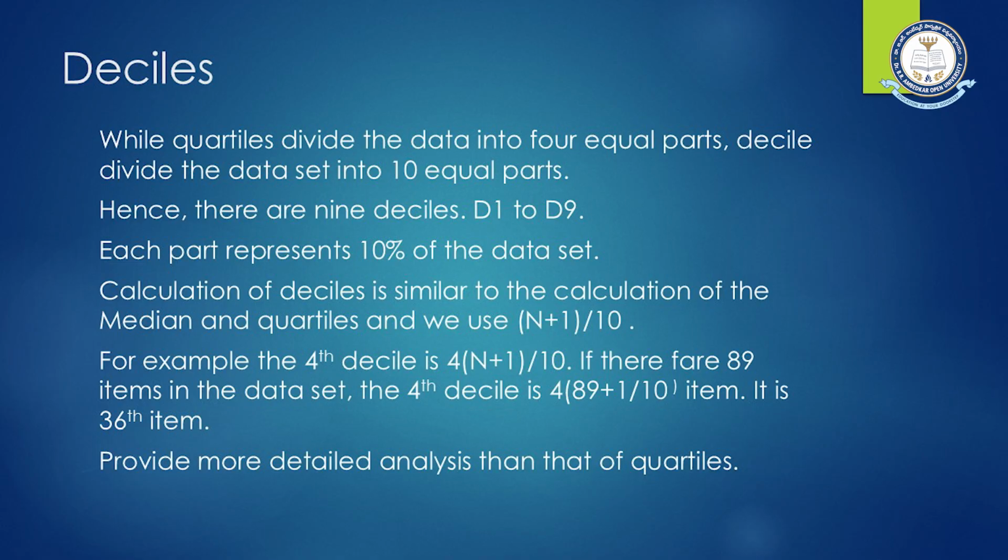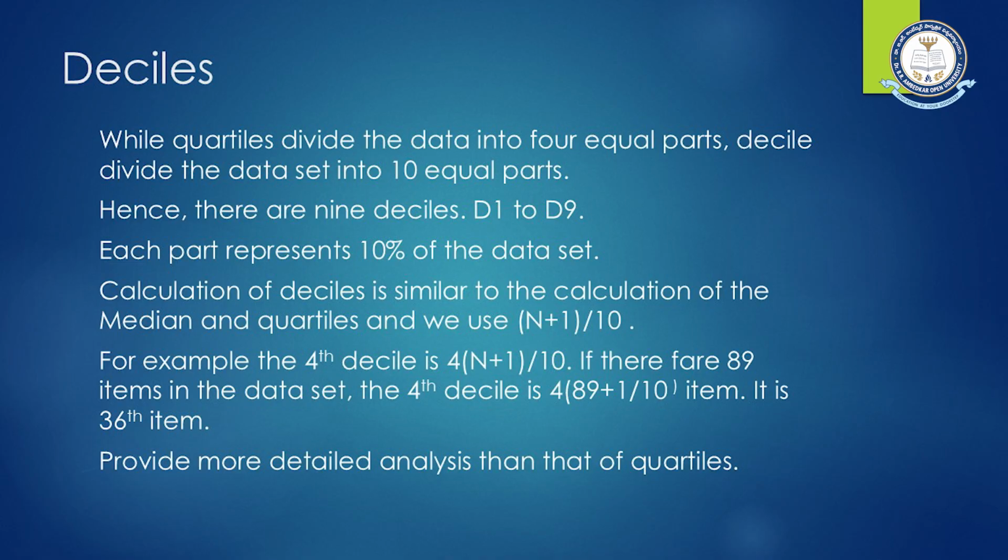To calculate deciles, we use the same procedure as we have used in the case of median and quartiles. First we divide the number of data points in the data set plus 1 by 10. For example, the fourth decile is 4 into (n + 1) / 10.